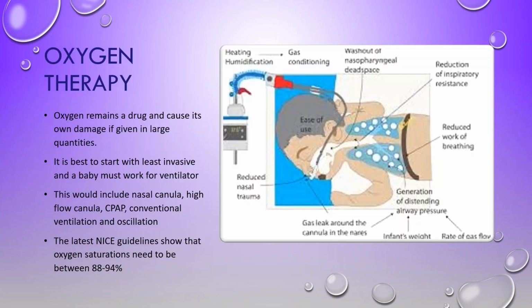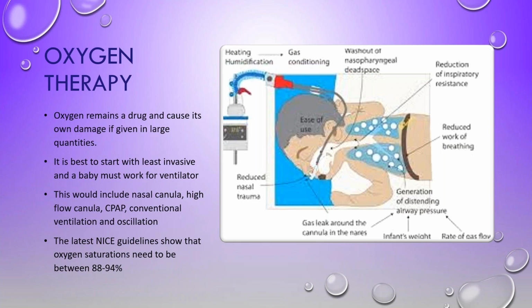Oxygen is a drug, and it needs to be given properly, because in large quantities it can do damage. We do need to wean that oxygen as quickly as we can. It's best to start with least invasive, so nasal cannula, and move your way up to a ventilator.